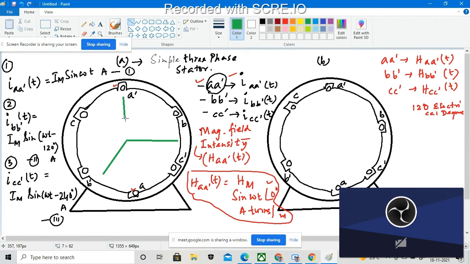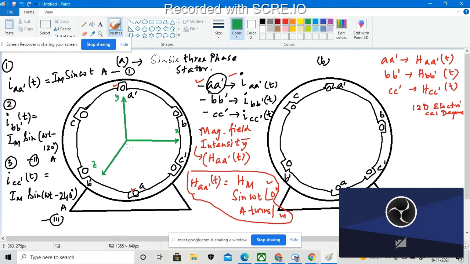This will be my x-axis, and this will be the y-axis, and this will be my z-axis.